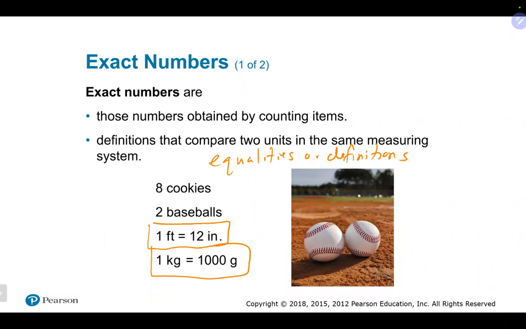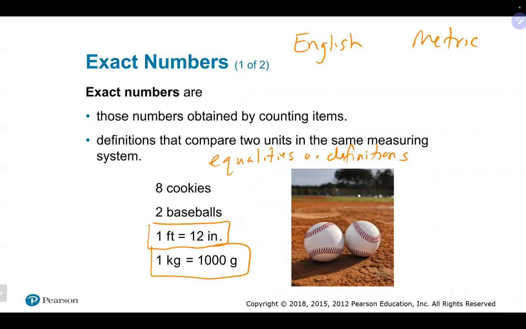Now, there is sort of an exception where we would look at an exact number for doing some type of calculation, and that exception has to do with the different types of units. We talked at the beginning that there are English units that we use, and then pretty much everybody else is using metric.